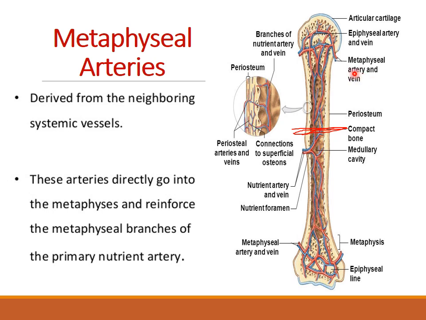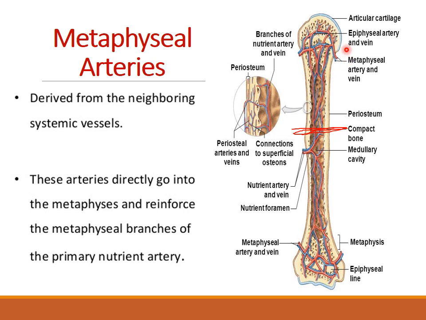Now these blood vessels, the metaphyseal arteries, are branches from the neighboring vessels which are running close to that area. They are also branches from the blood vessels which are supplying the joints.